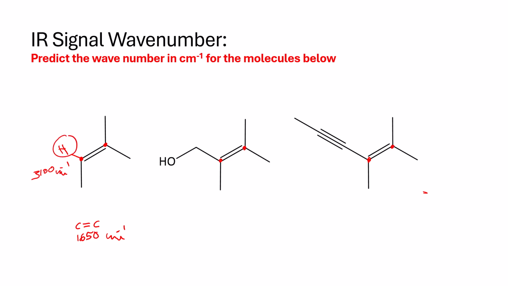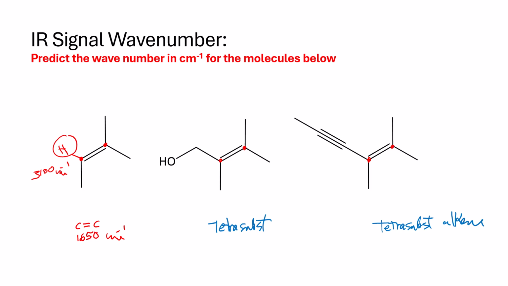That is distinct, and I don't have that in the others. The alkene here is tetra substituted on the right hand side, tetra substituted alkene. This is also tetra substituted, and this is why we don't have that signal, so that I can distinguish the others.